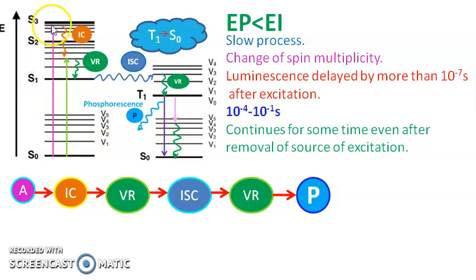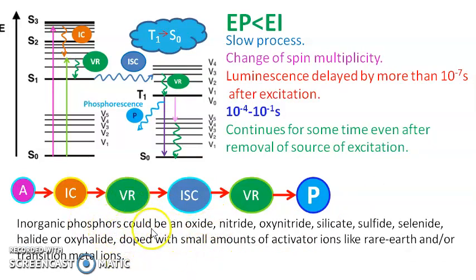Absorbance, internal conversion, vibrational relaxation, intersystem crossing, vibrational relaxation, and phosphorescence. This is the pathway. It's a bit long pathway, and that's why this is a delayed process, and it also takes some time when you compare it with other non-radiative relaxation phenomena and fluorescence.